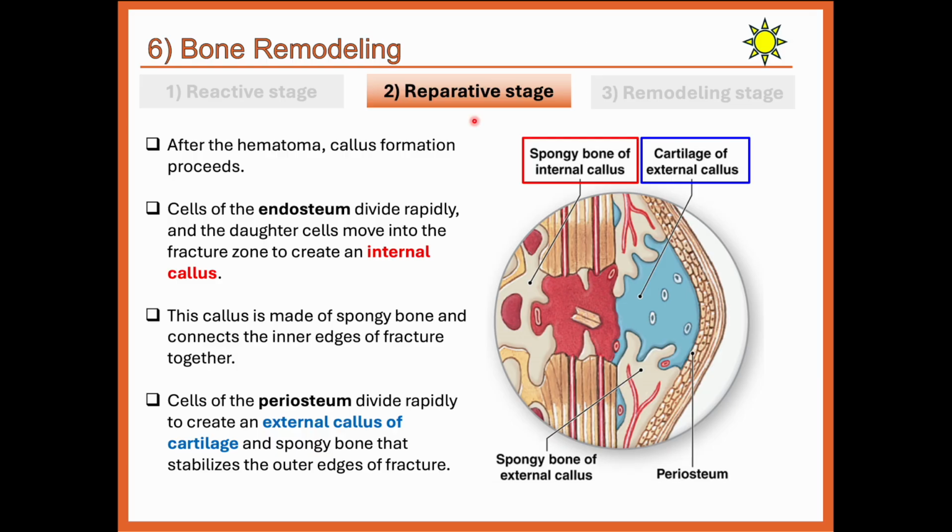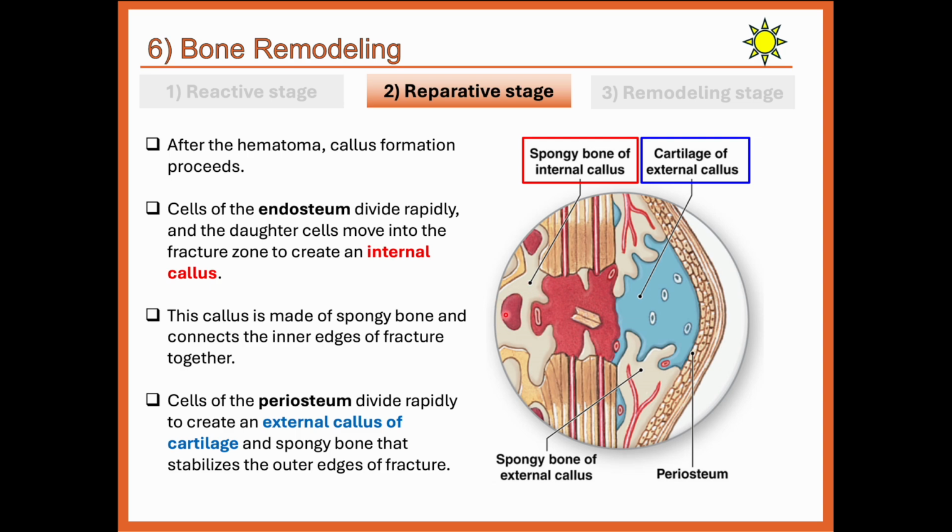Here, in the reparative stage, after the hematoma, callus formation proceeds, cells in the endosteum, right? Here are cells in the endosteum. They rapidly divide, and their daughter cells, their baby cells, move into the fracture zone to create an internal callus, right? Do you see how here it's forming this internal callus?